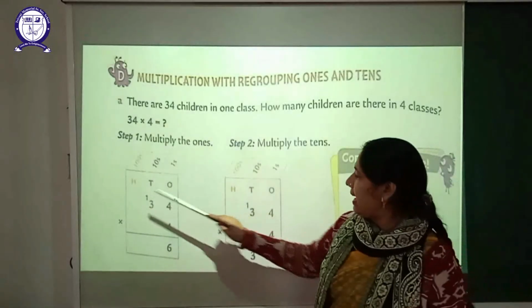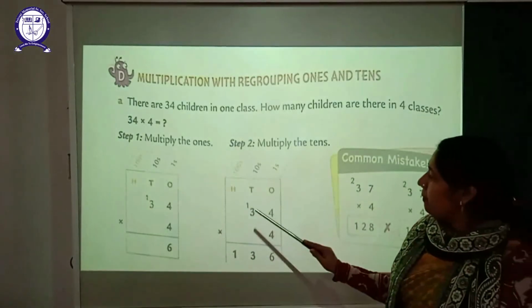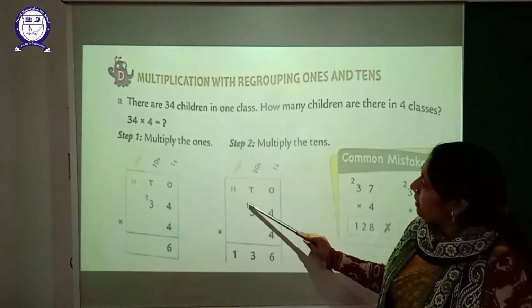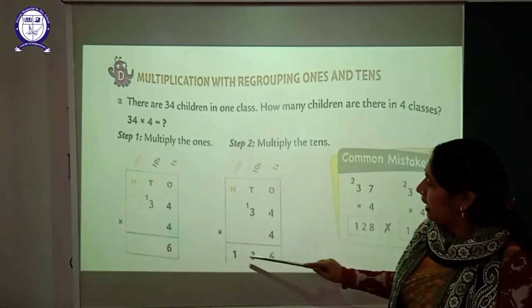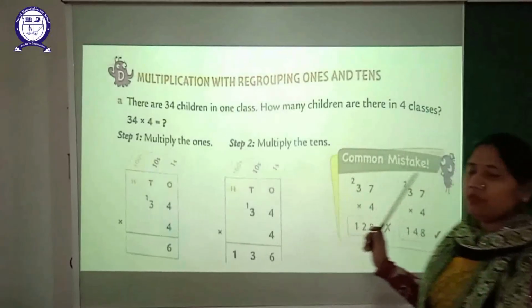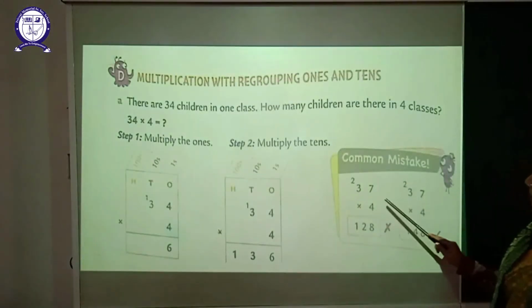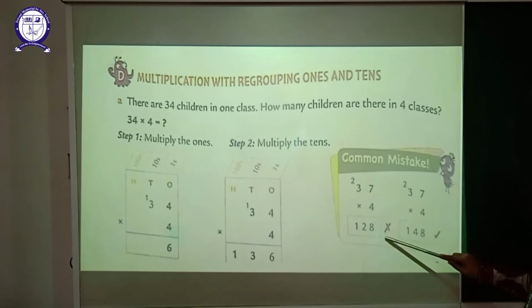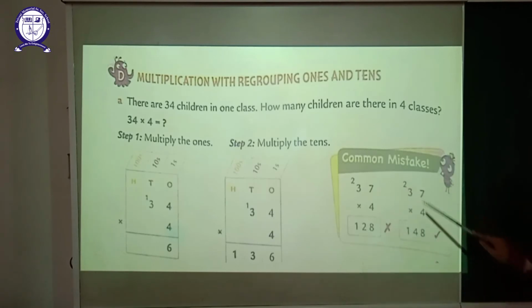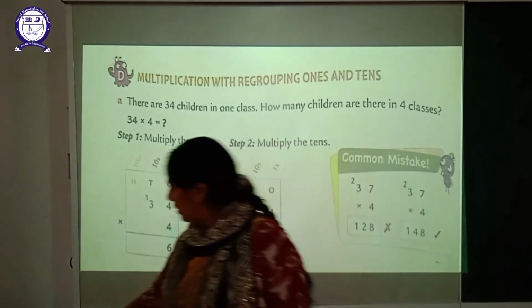This carry is added, plus 1. 4 3s are 12 plus 1, 13. Okay, so you have to look here, if we write here 7 4s are 28, so this is a wrong way. We have to write here 7 4s are 28, means 2 will carry. So this is the right way.